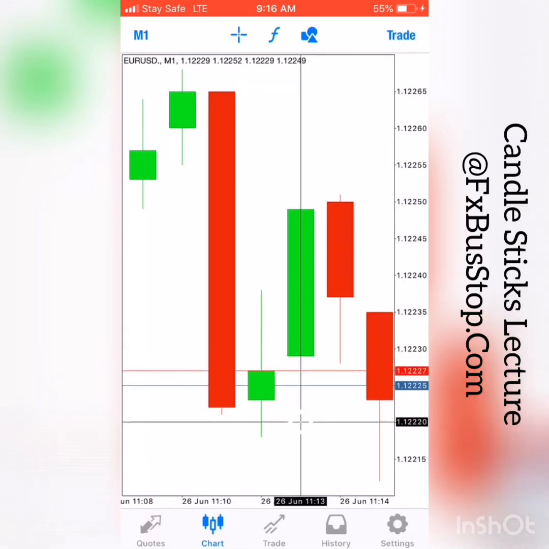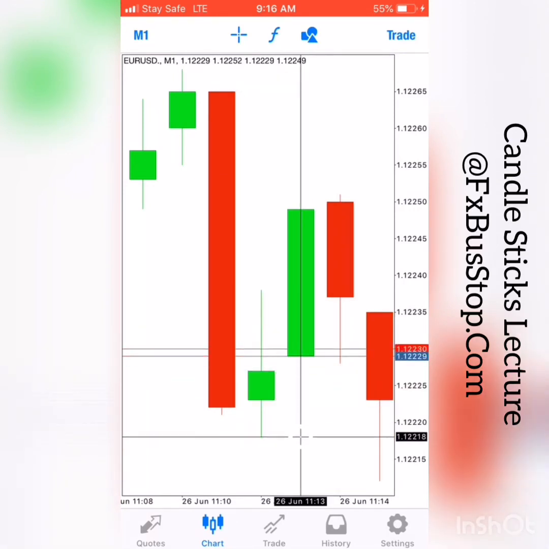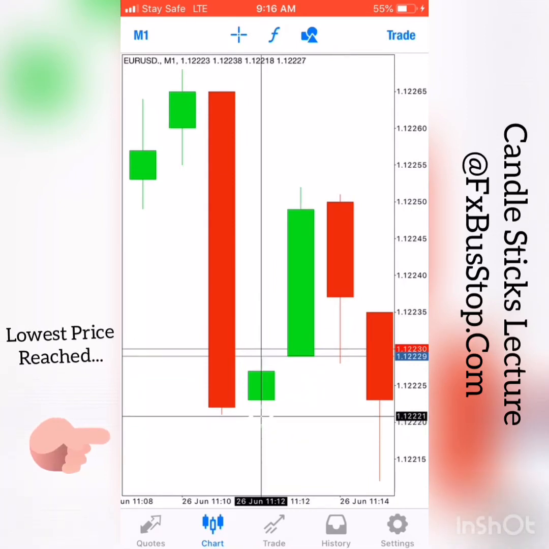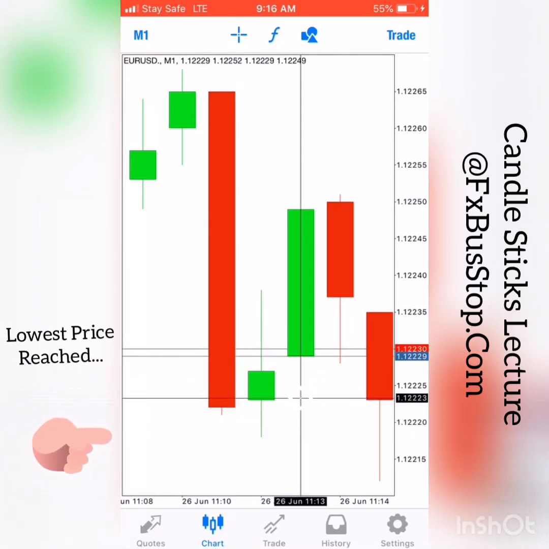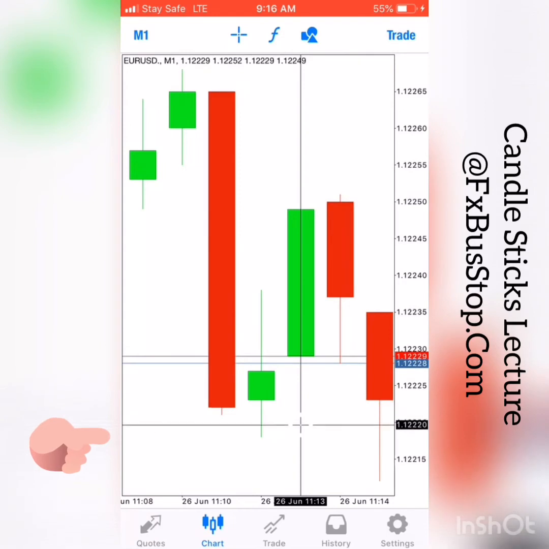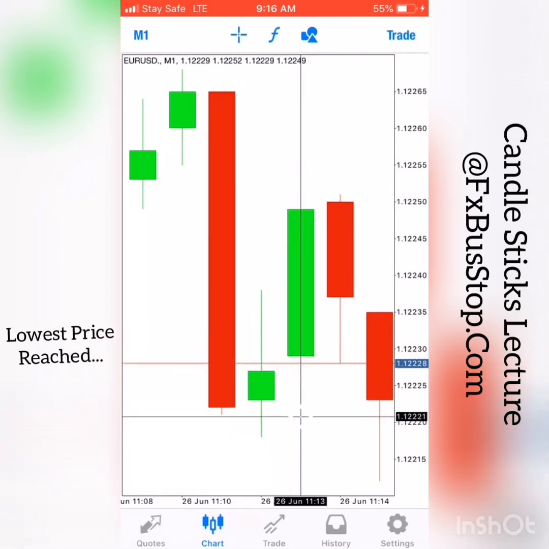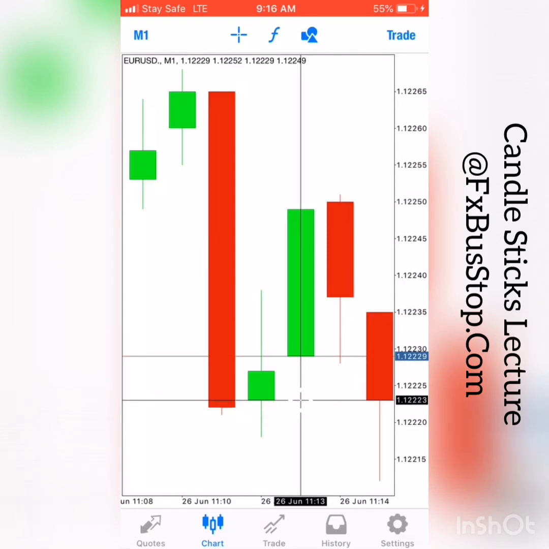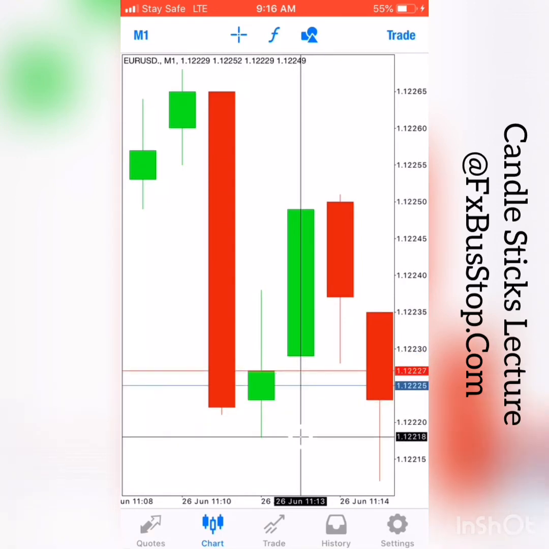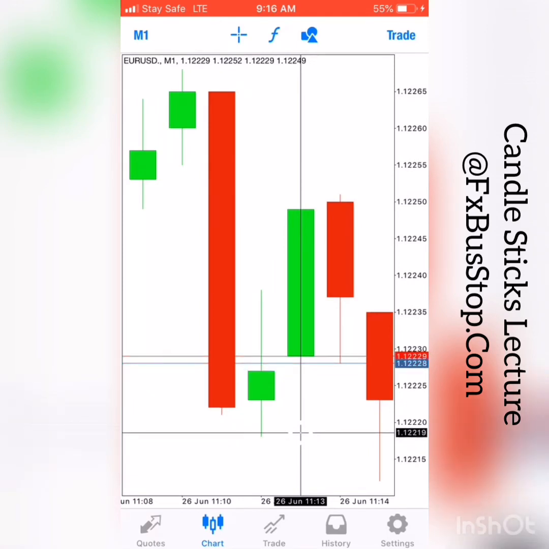This level right here, where this wick is, you can see a tiny wick from the bottom of the candle coming out to this level, 1.12218. That is the lowest level reached by that candle. It started here, went down maybe to this level or thereabouts, and that was why it left a trace right there.